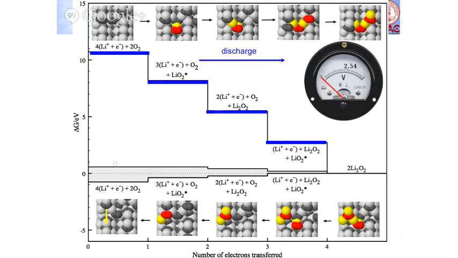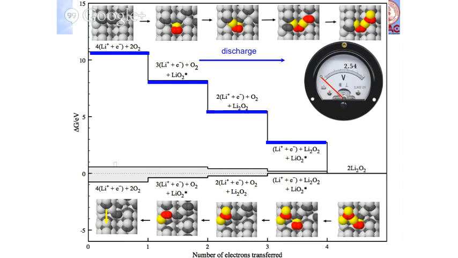And so what we do is we sequentially add lithium and electron to oxygen, so you form LiO2, and you calculate the free energy of this state. Then you sequentially add this, and then you essentially have a free energy diagram. Now, what changes across the free energy diagram is essentially the number of electrons associated with that reactive state. Right?